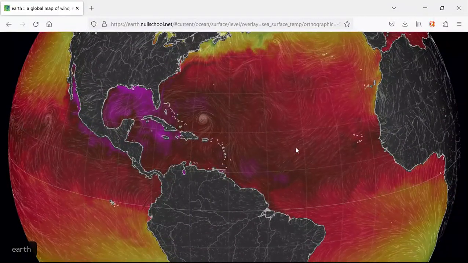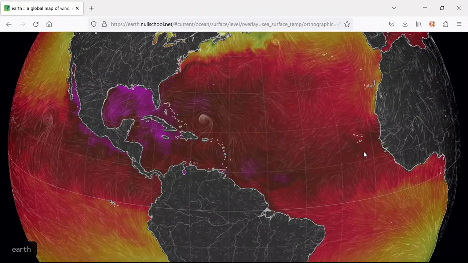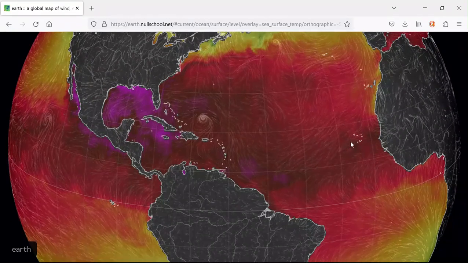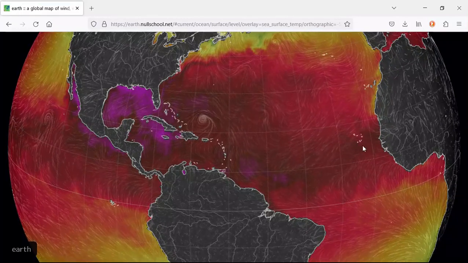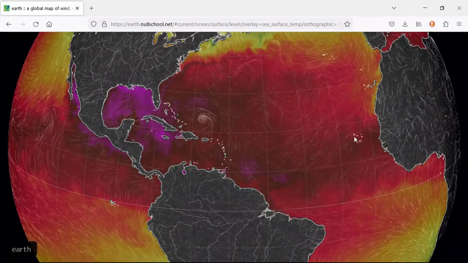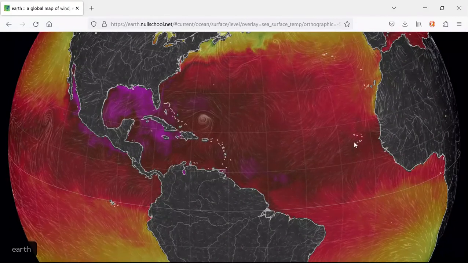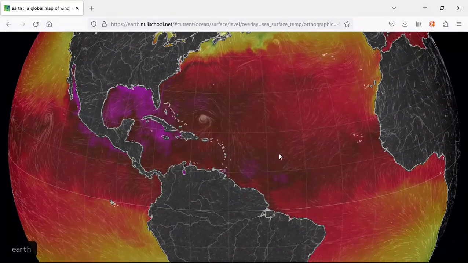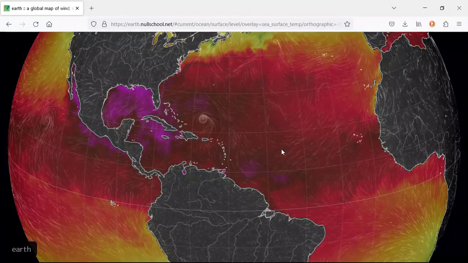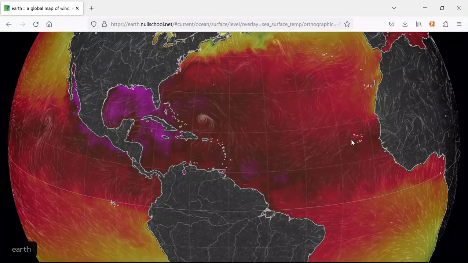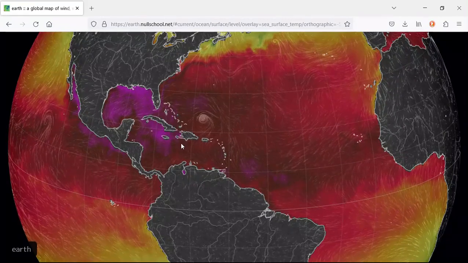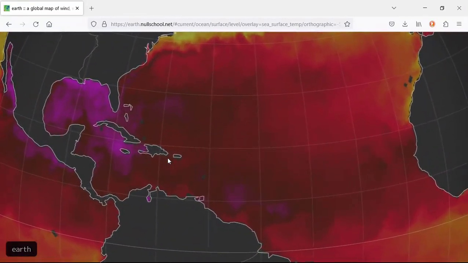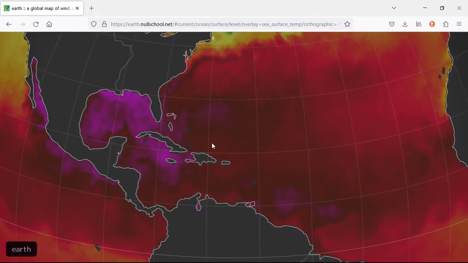But as time goes on during peak hurricane season for us in August, September, and October, generally the origins are over here just off the western coast of Africa. And so we have this predominant pattern in which winds move, as we can see, generally from east to west in this particular area.